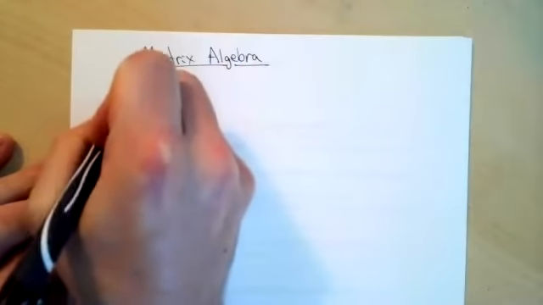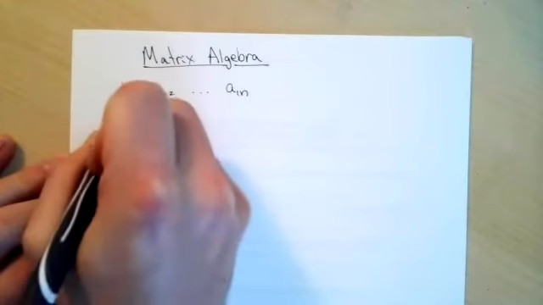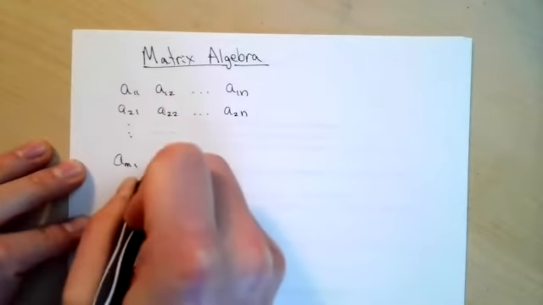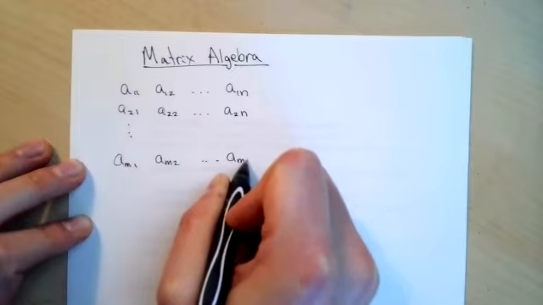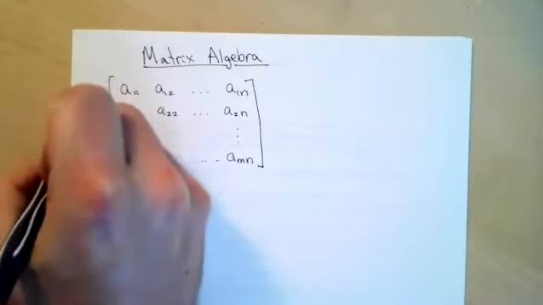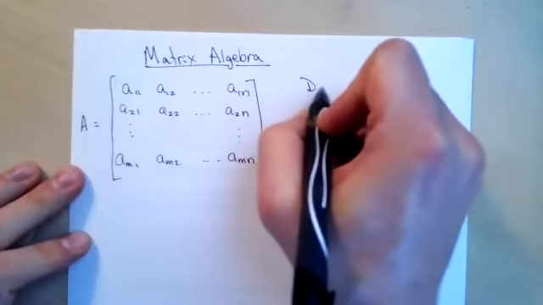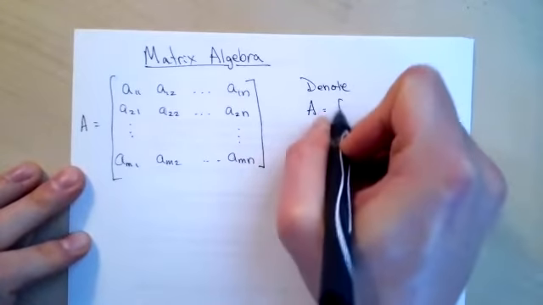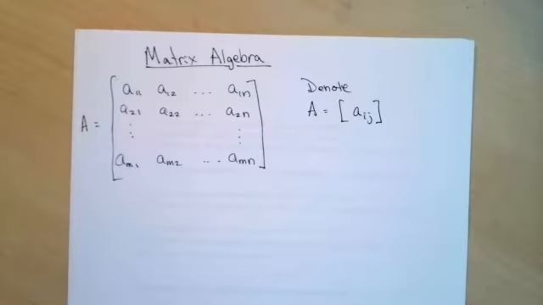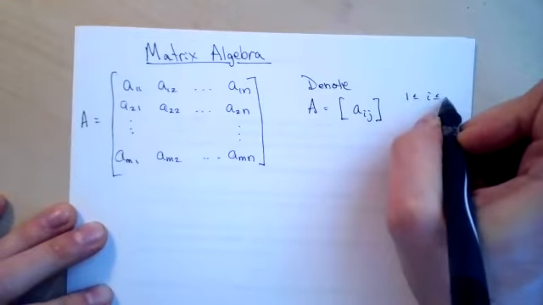So again, a matrix is just an array of numbers in a rectangle. We usually denote matrices by capital letters, like A, which we can write out as the entire block, or we often denote by the entry a_ij, with a double index i and j, in brackets by itself, and then we usually indicate the range on the indices.